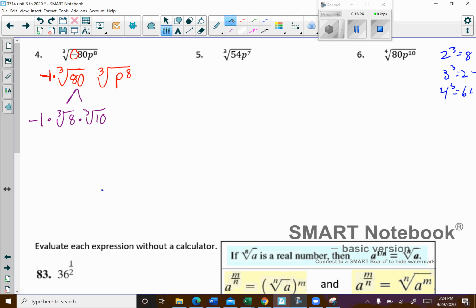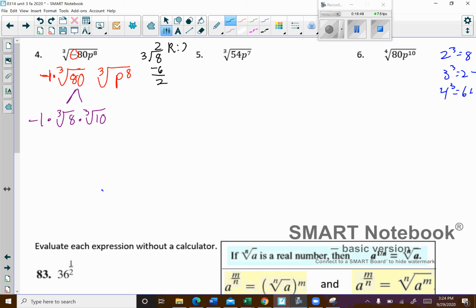And then it's up to you how you want to deal with p to the 8th power. If you want to do my little division trick, I think that's probably the easiest way to do it. You just do old school division. I'll show my work though too, because I want to make sure we're understanding the concept. But basically 3 goes into 8 2 times with a remainder of 2.